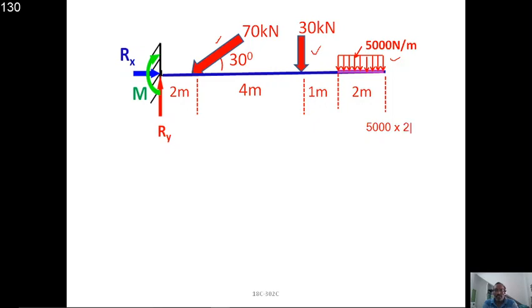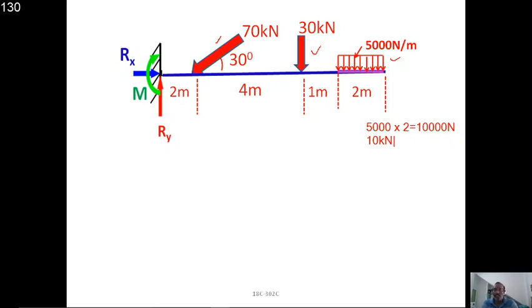What is the occupied length? 2 meters. So this is the way you can convert the UDL into a point load. Therefore it is 10,000 newtons, that means 10 kilonewtons.